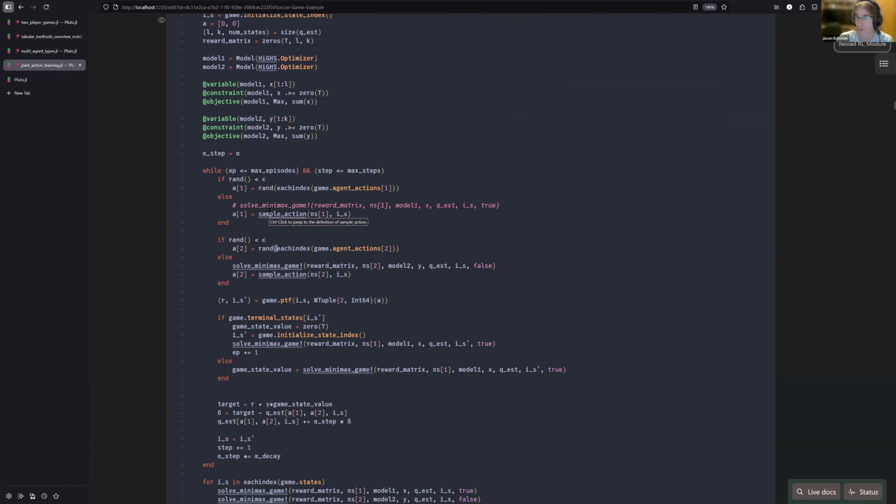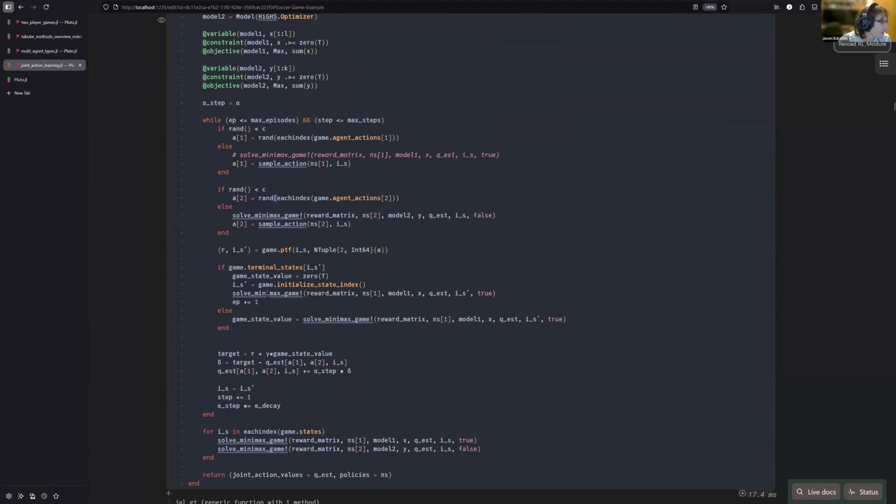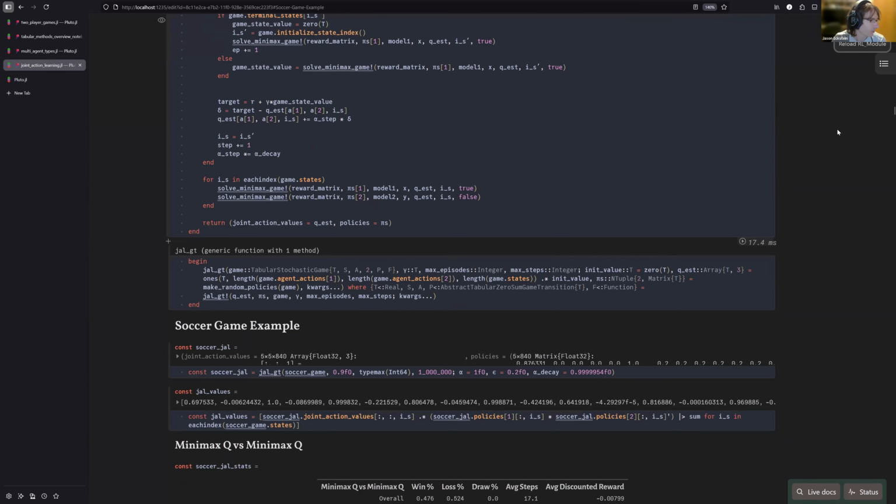Here there's only 2 players to worry about, and on every step of the algorithm we have to solve the game in the state we're in in order to derive the policy from the Q values. Just like we did, we're always deriving the equilibrium policy from the joint action values in these algorithms.